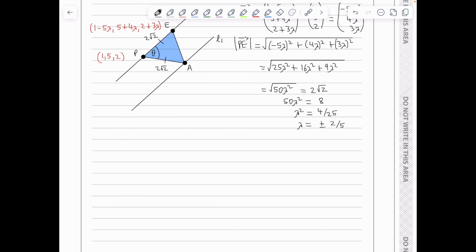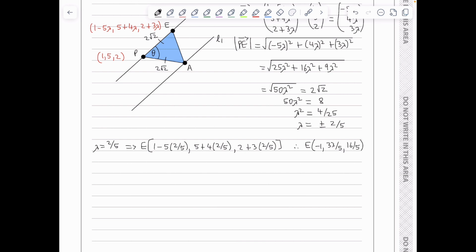Now I will substitute lambda is equal to 2 over 5 to find the first possible position for E. So we're looking at 1 minus 5 times 2 over 5, 5 plus 4 times 2 over 5, 2 plus 3 times 2 over 5. This simplifies for the coordinates of E to be (-1, 33/5, 16/5).